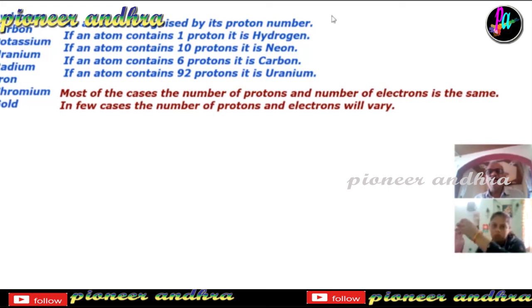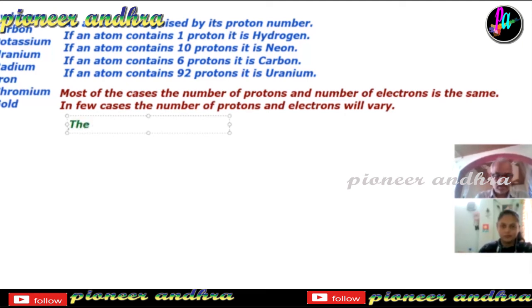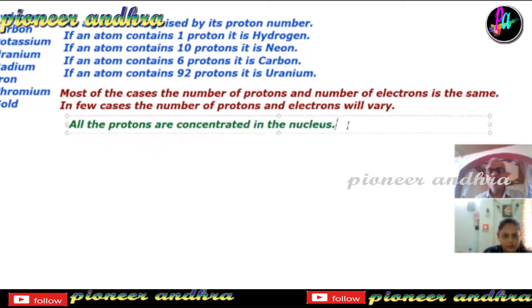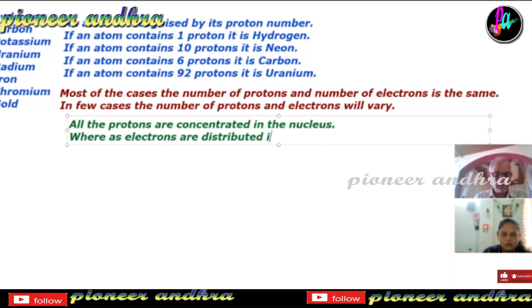And we also know that all the protons are concentrated in the nucleus, whereas electrons are distributed in various orbits.